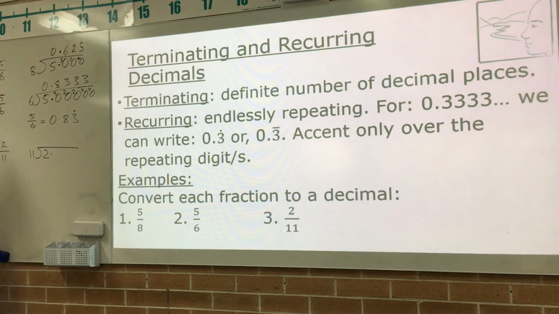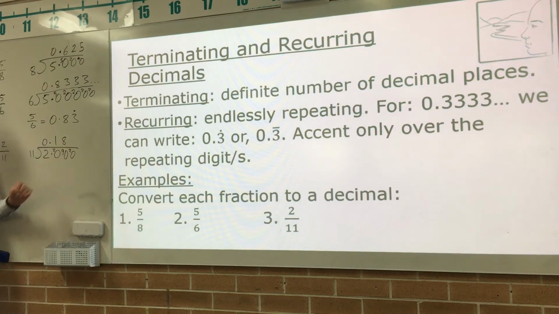All right. Does 11 go into 2? No. So just like we've been doing, put down your decimal point. How many times does 11 go into 20? 1. Good work. Okay. What have we got left over? 9. Good. All right. 11 into 90. 8, with 2 left over.